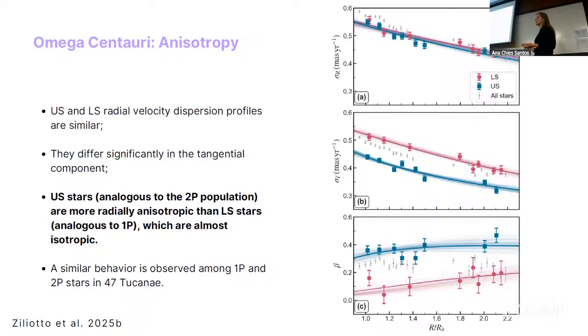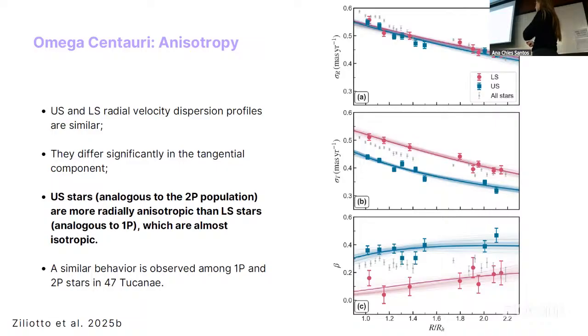So the first thing that I did was to analyze anisotropy among lower stream stars and the rest that I called upper stream stars. Again, very similar to 47 Tuc, we see that the velocity dispersion profiles in the radial component are almost the same for the two populations.